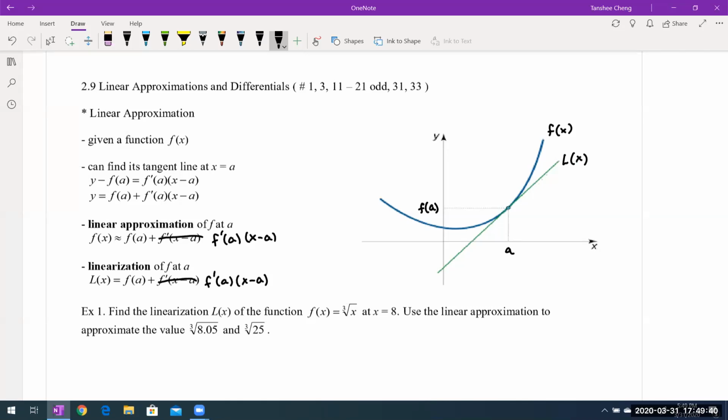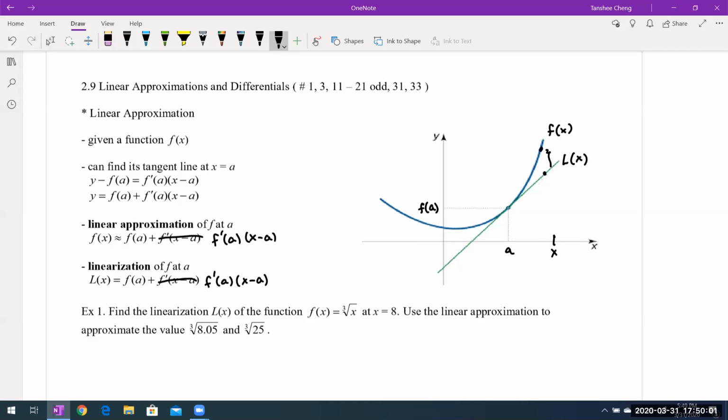Now we're talking about the tangent line as a function of x. As you can see, my x is right here, my value on the tangent line is right there, but the actual value of the function is right here.